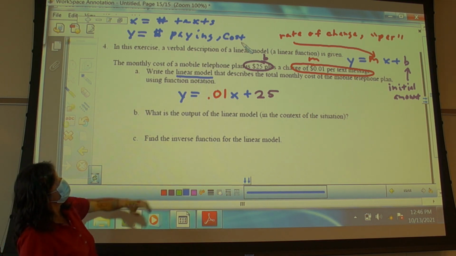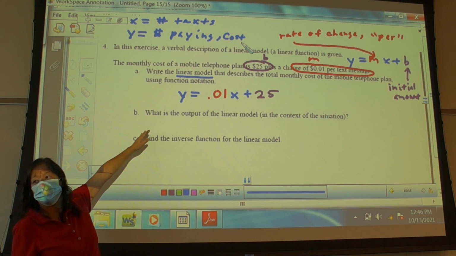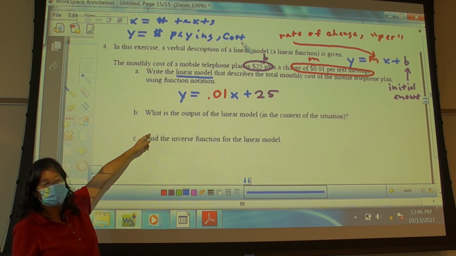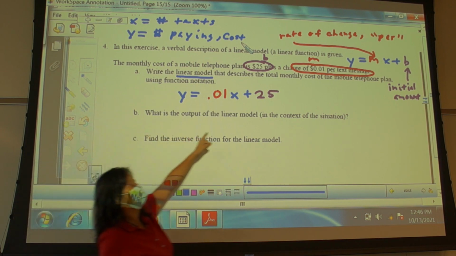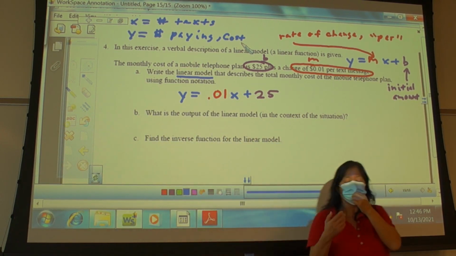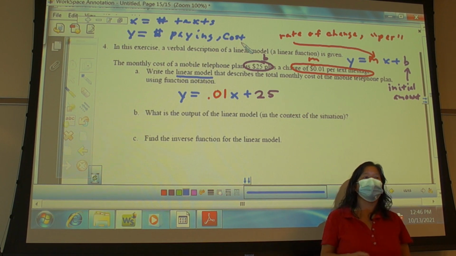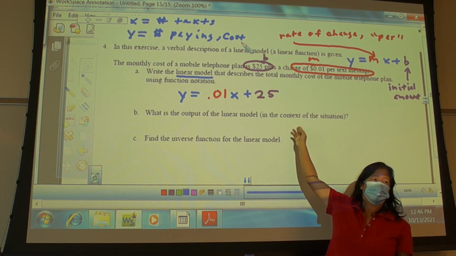So what's the output of the linear model? Don't say y. What does y stand for? Yes, y and f of x, those are my outputs. What is it in the context of the situation?